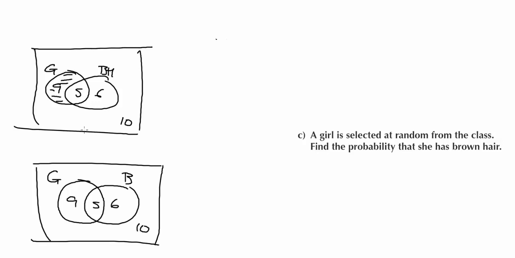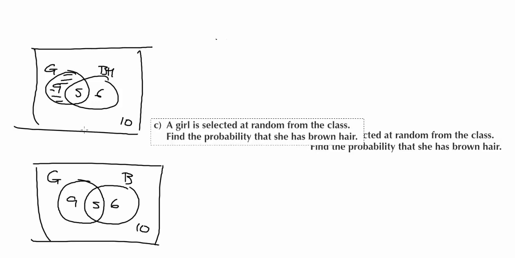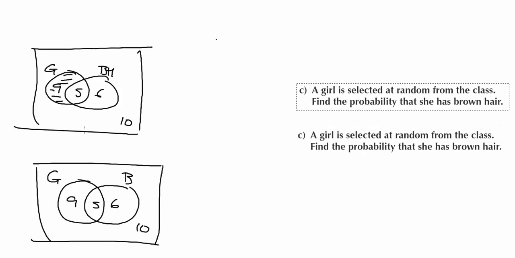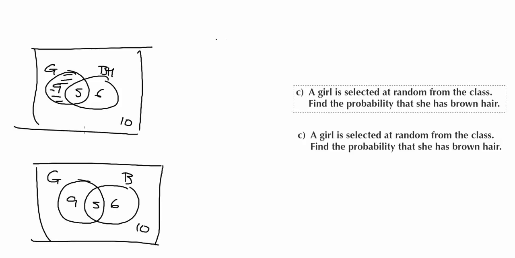I want to look at 2 very similar questions, okay? And imagine this was D, or let's imagine this was B. This is actually one of the most important things which I don't think too many people understand. Imagine it says a pupil is selected at random from the class.